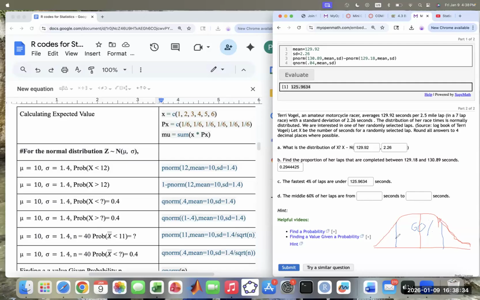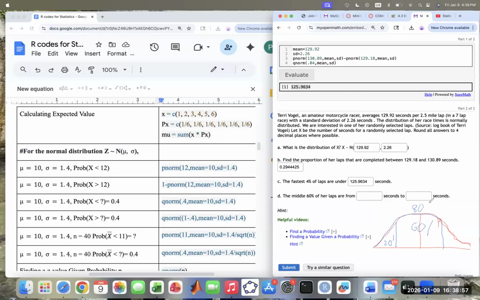That means we will find the value over here where we have 20% on the left, and then we'll find the upper 20%. Or you can do it together: this one will be 80% right here. Make sense?